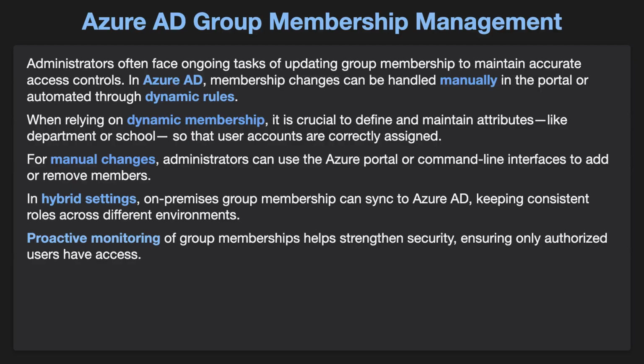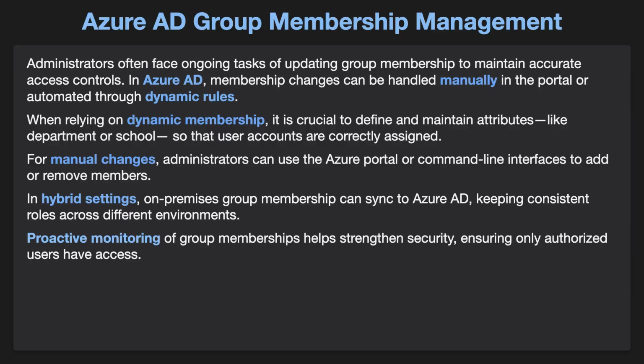Administrators often face ongoing tasks of updating group membership to maintain accurate access controls. In Azure AD, membership changes can be handled manually in the portal or automated through dynamic rules. When relying on dynamic membership, it is crucial to define and maintain attributes like department or school so that user accounts are correctly assigned.